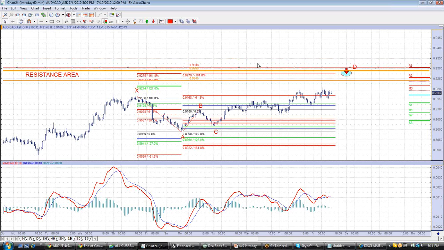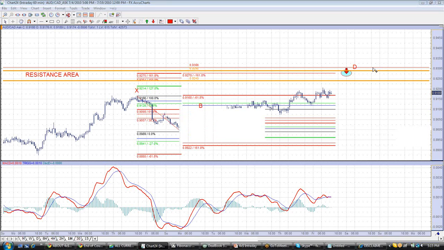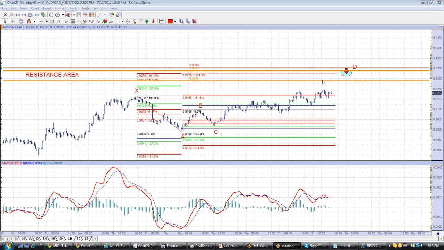So I will place a horizontal line, and my entry in this case would be somewhere here, 92.72, 92.73, just below that convergence. Where would I place my stop? My stop would go above this horizontal line that I placed, coming from the resistance 3 from the daily pivots.